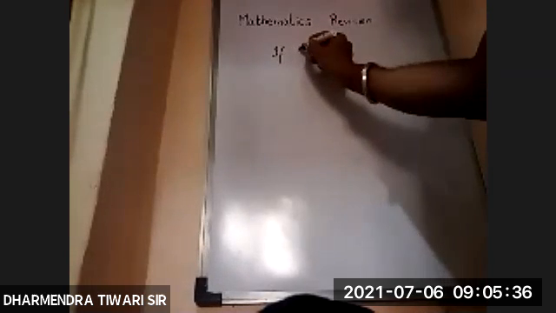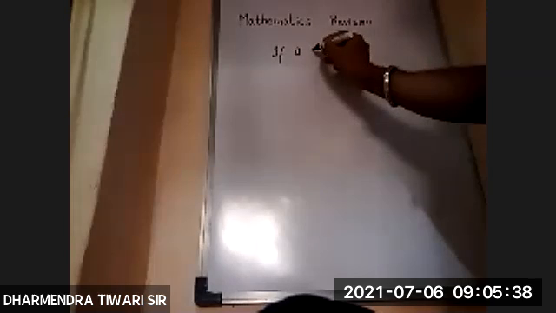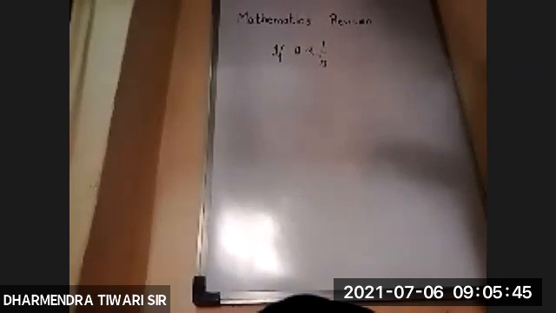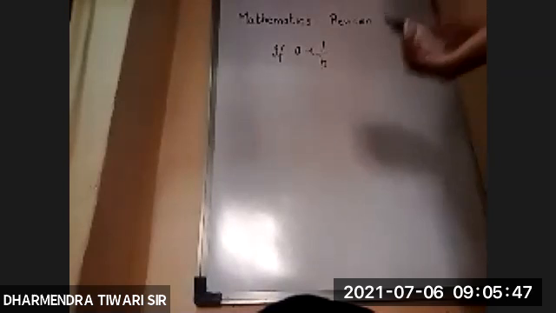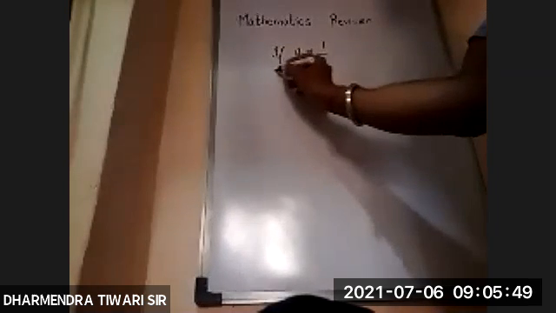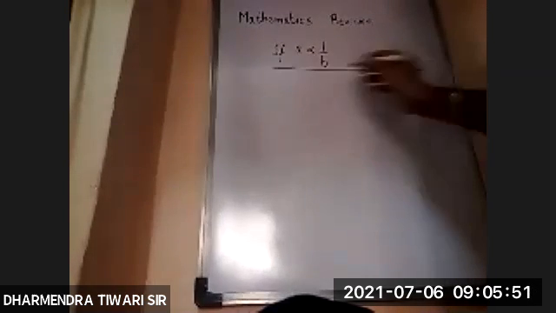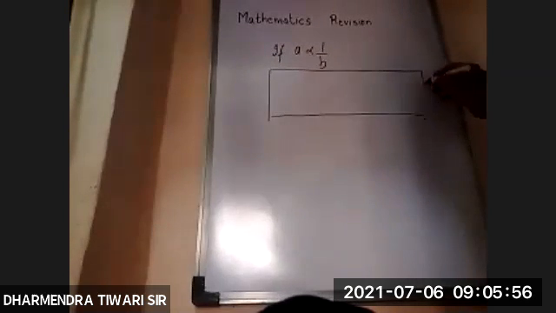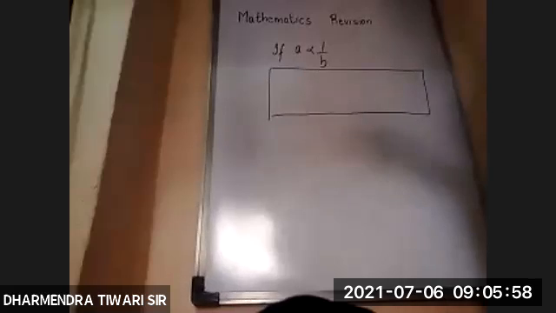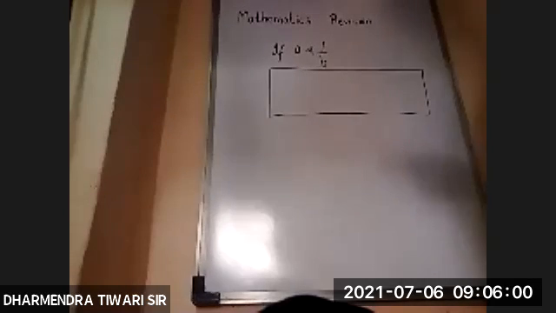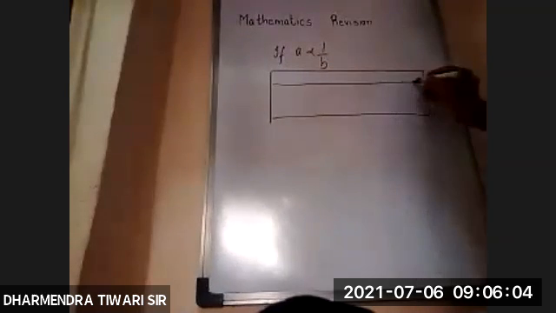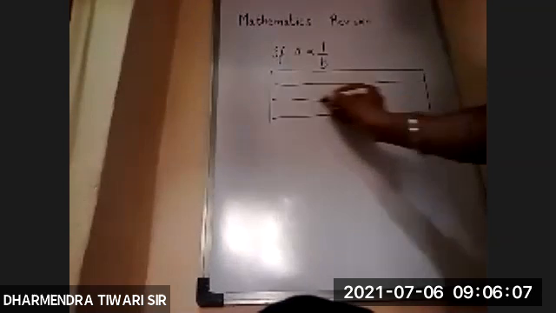If A varies inversely as B, then we need to complete the following table. Yesterday we have not written K. Today we will be taking K also.